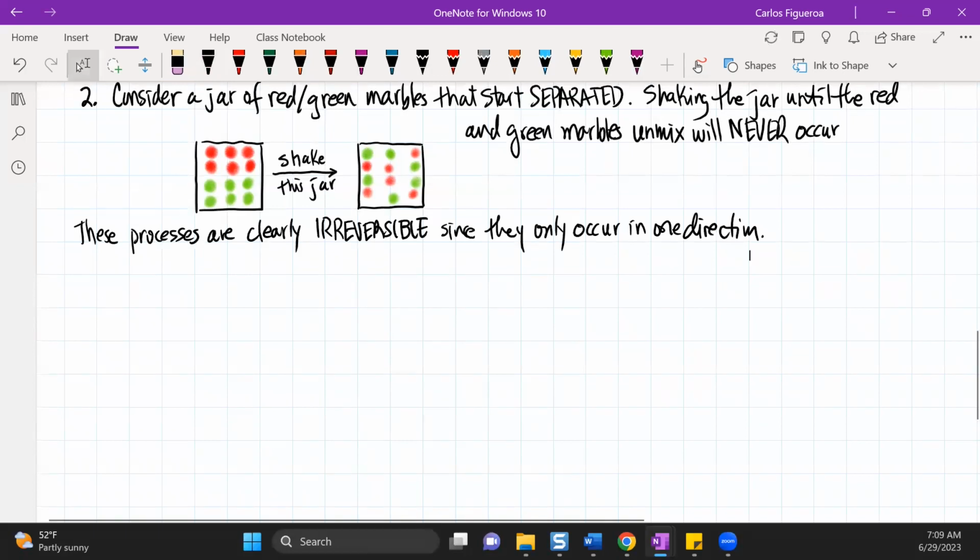So now what I want to do is define better what's irreversible with the movie.